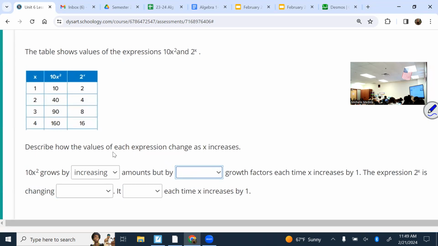So, my growth factor from 10 to 40, because factors are things you multiply by. I would have to multiply what number by 10 to get 40? And I'd have to multiply what number by 40 to get 90?